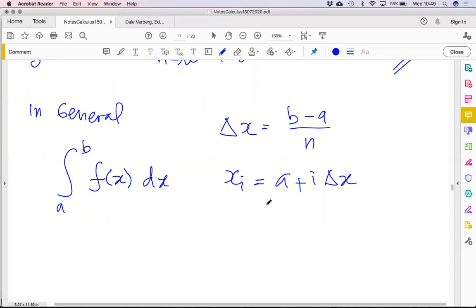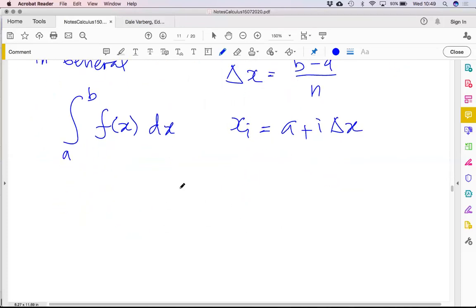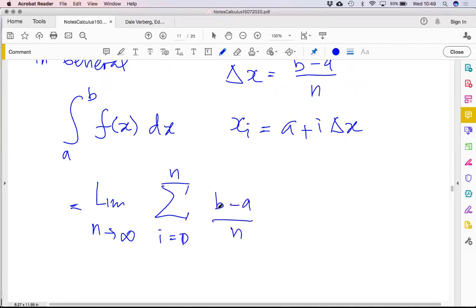Based on this, we can have this become the limit as n goes to infinity of the sum from 0 until n of (b minus a) over n times f(a plus i delta x).